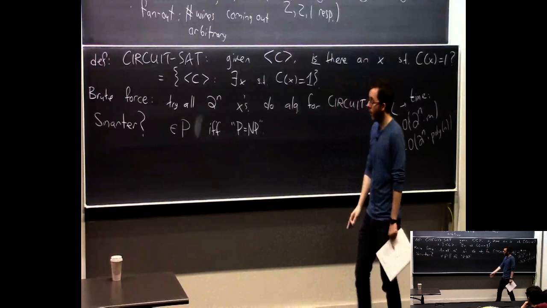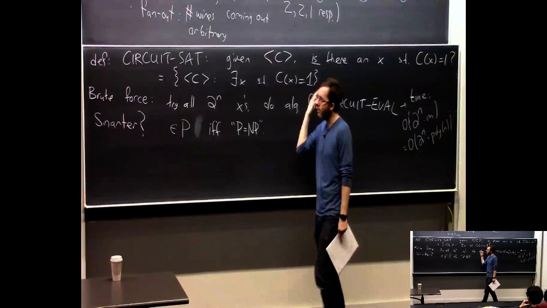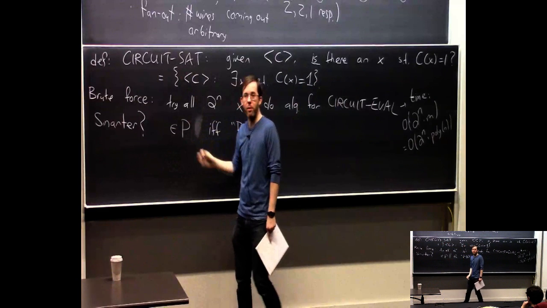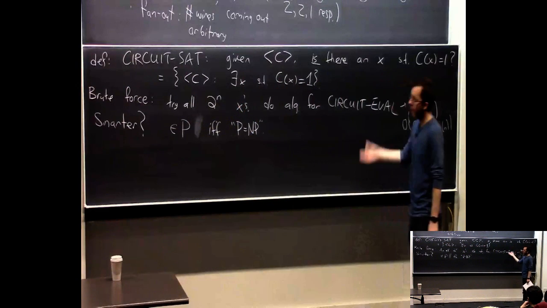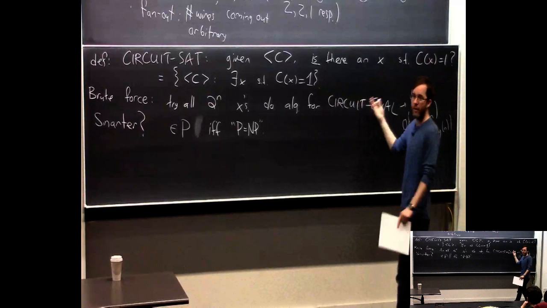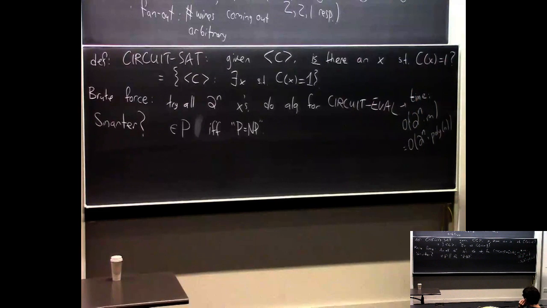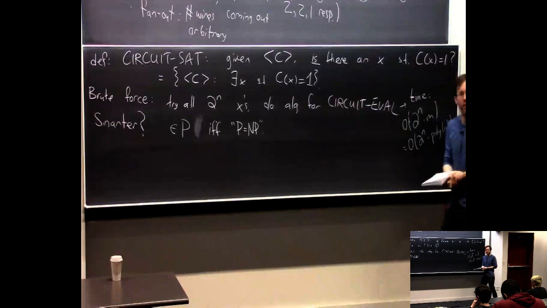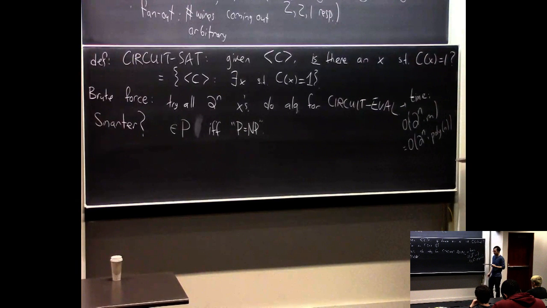But whatever this P equals NP statement is, if you recall it, it's equivalent to whether or not this problem can be solved in polynomial time. And whatever, in 70 years or something, we haven't figured out an algorithm that's really faster than this, 2 to the n. So it doesn't seem like there's a polynomial time algorithm. But that's what we're going to talk about in great detail in the upcoming weeks. OK, any questions about that?